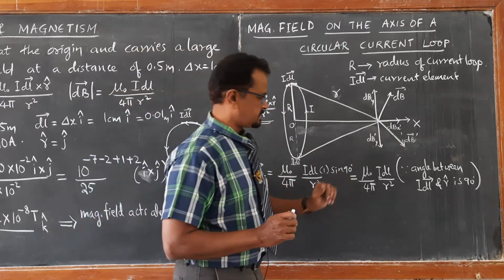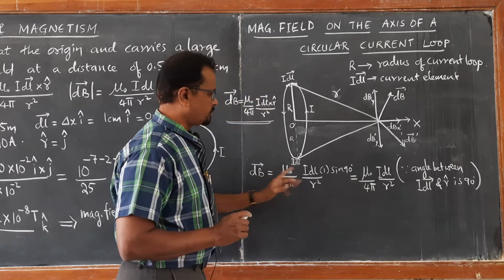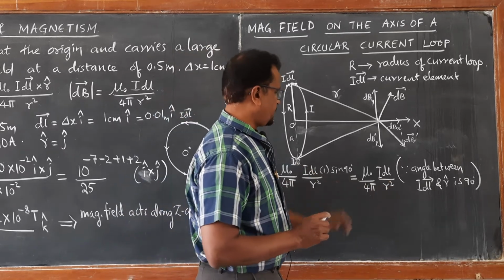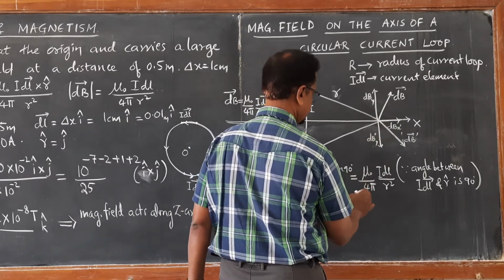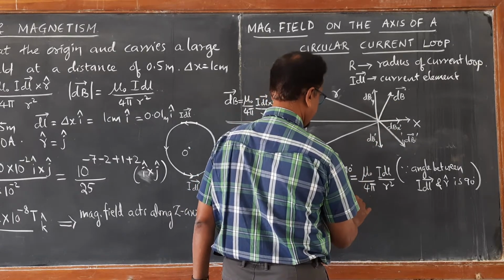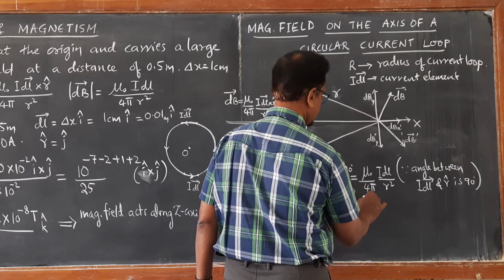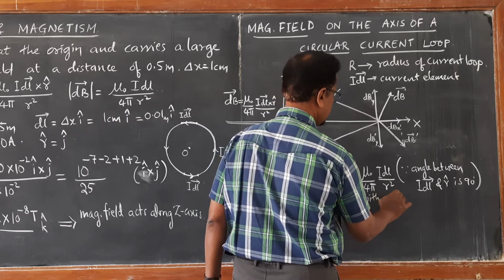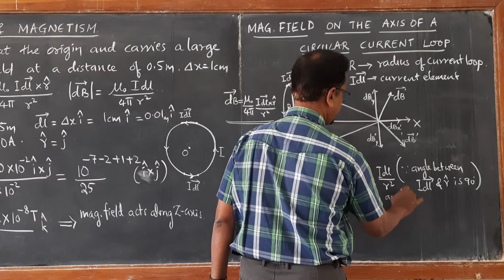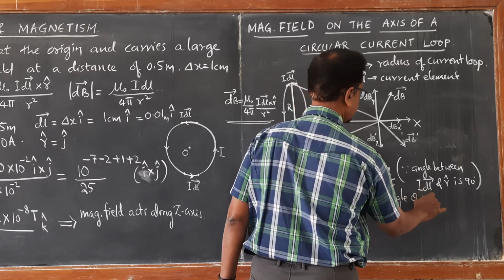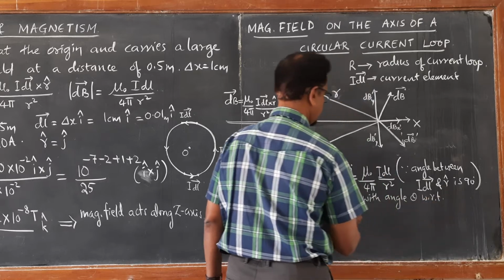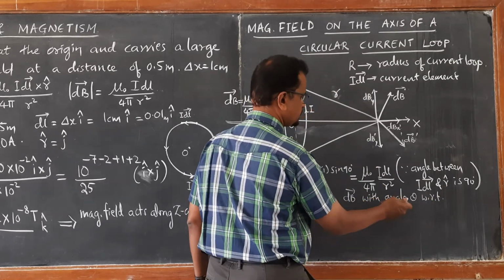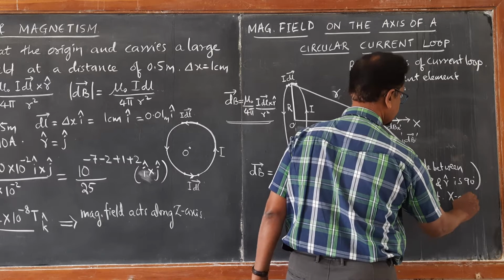Now, how to express this here? So, dB equal to this one, we got it, and this is as shown here. Let us say dB with angle theta with respect to x axis.